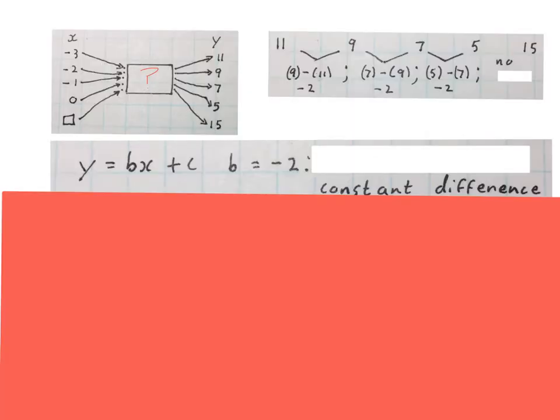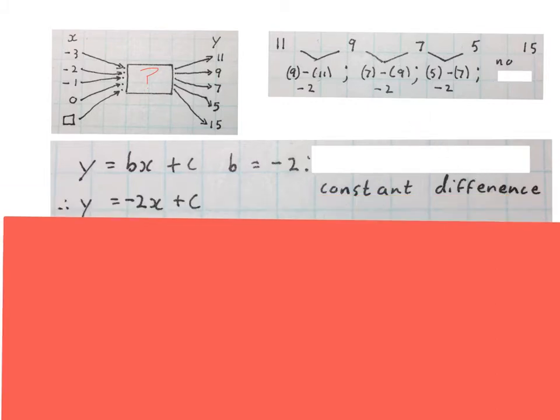Because we have a constant difference, we use the formula again, y equals bx plus c. And b is the minus 2, the constant difference that we found up here. Plug that into the formula in the place of b. Take one of your input values with its output value and plug it into this formula.